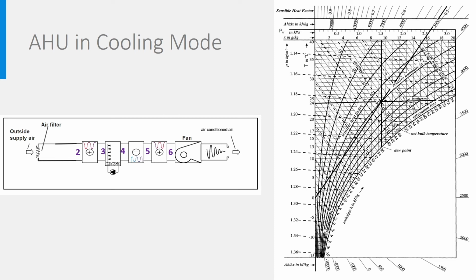What happens now in cooling mode? Well, the first heater and the humidifier are both switched off, and the state of air at point 4 is the same as at point 2. For the cooling of the air, chilled water is needed and comes from a chiller, also called a cooling machine, which is exactly the same as a heat pump, as you can learn in the course Energy Supply for Buildings.